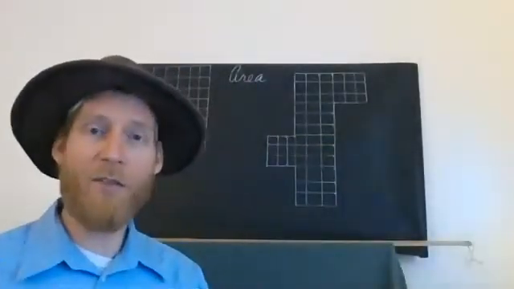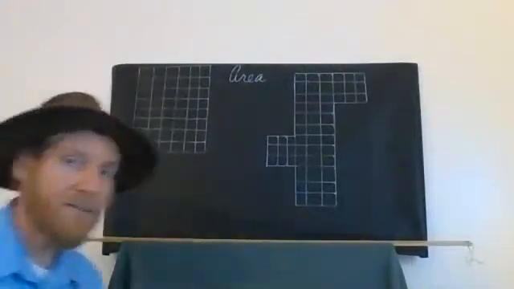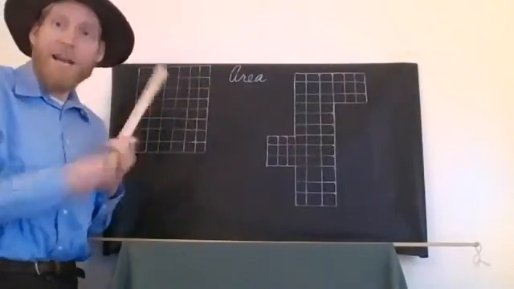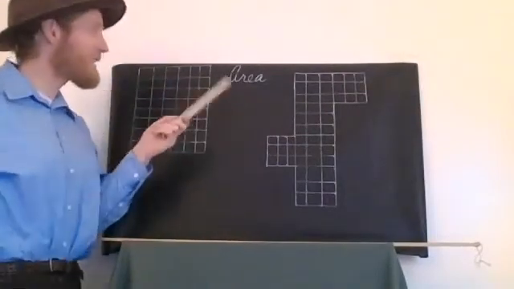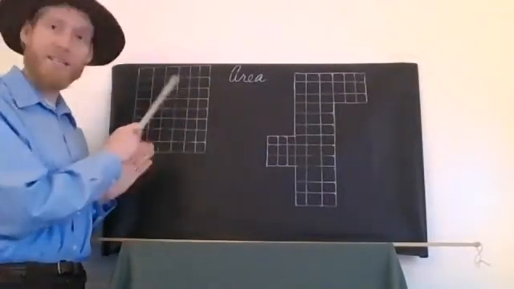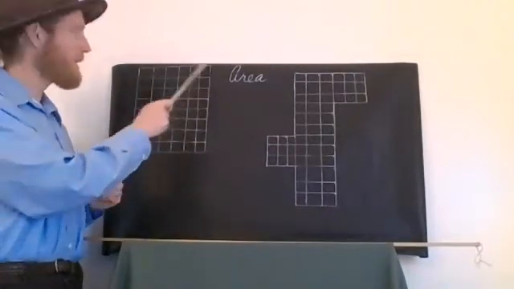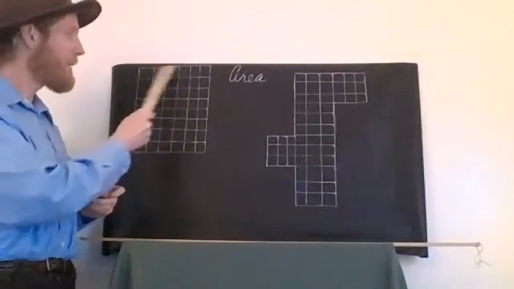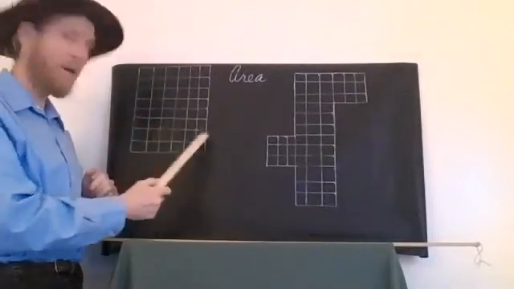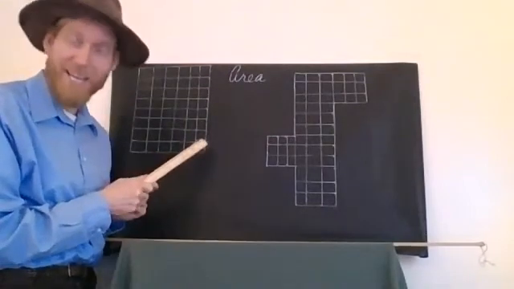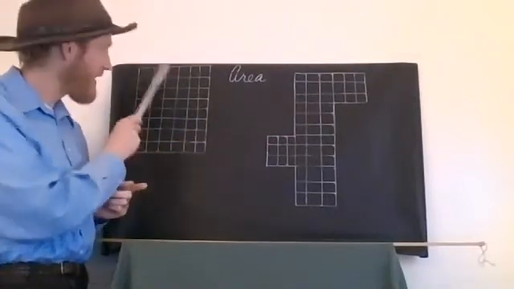Today we're going to go on though, and we're going to talk about something called area. Now, area is the distance inside, not the distance around. This is the perimeter, right? That's the perimeter. But what if I wanted every spot in between, inside the shape? That's the area.